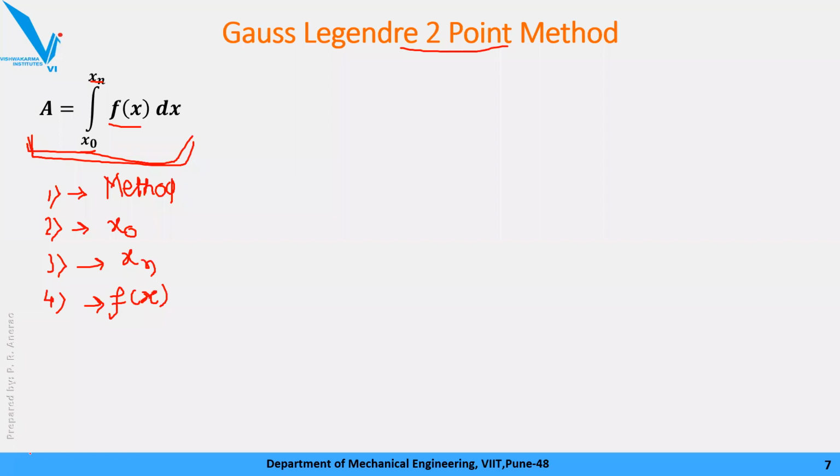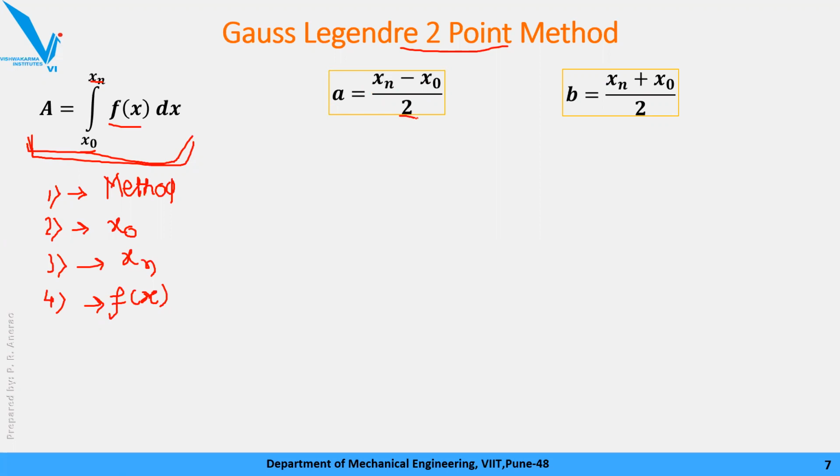Based on this, the first thing we calculate is a and b. Now forget about the earlier a and b, leave everything aside. Concentrate on this part. The variable a is calculated as xn minus x0, divided by 2.